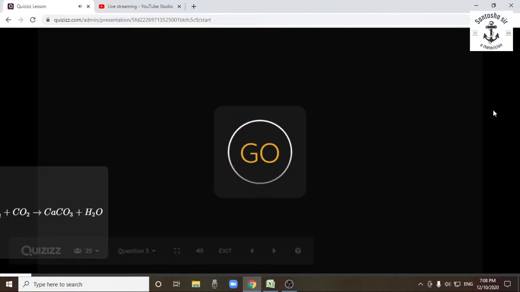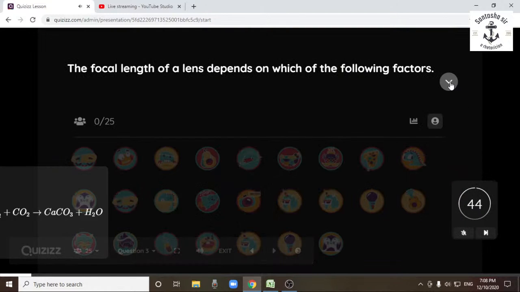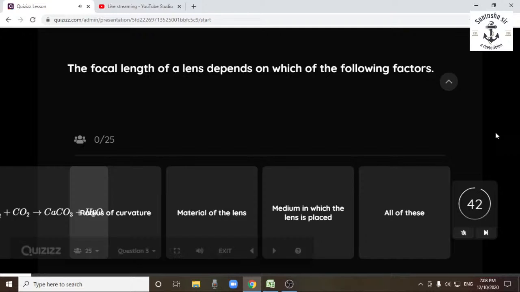Question number 3. Okay, there is an overlap here. The focal length of a lens depends on which of the following factors?